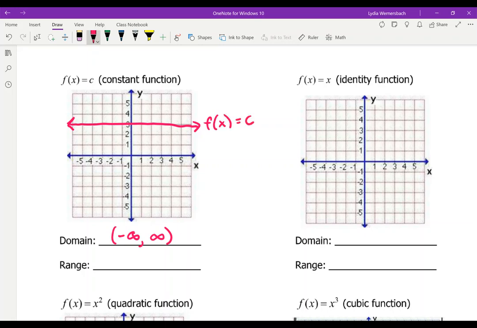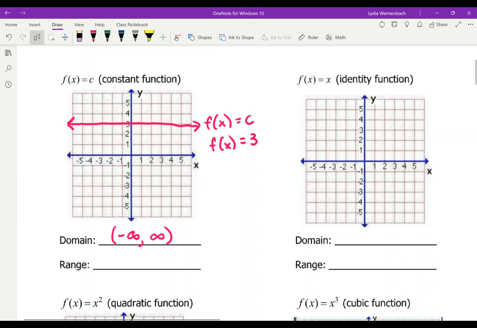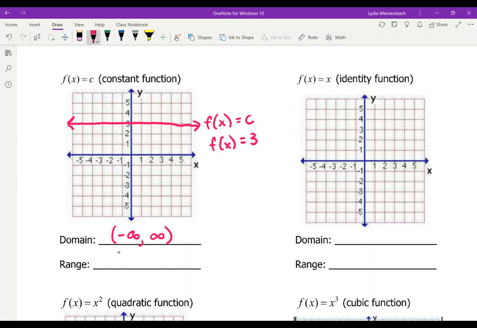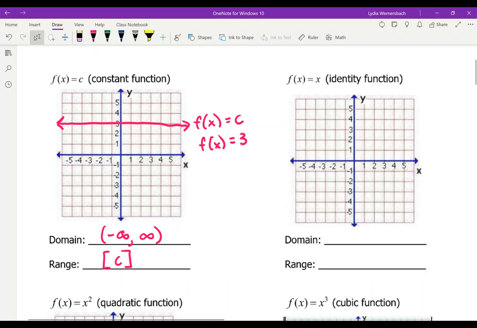In this specific scenario, this function would be y equals 3, and that would be a horizontal line. And the range for this would just be that y value that it passes through, that c. Again, domain is left to right, range is bottom to top. So we just have that one value in the range.